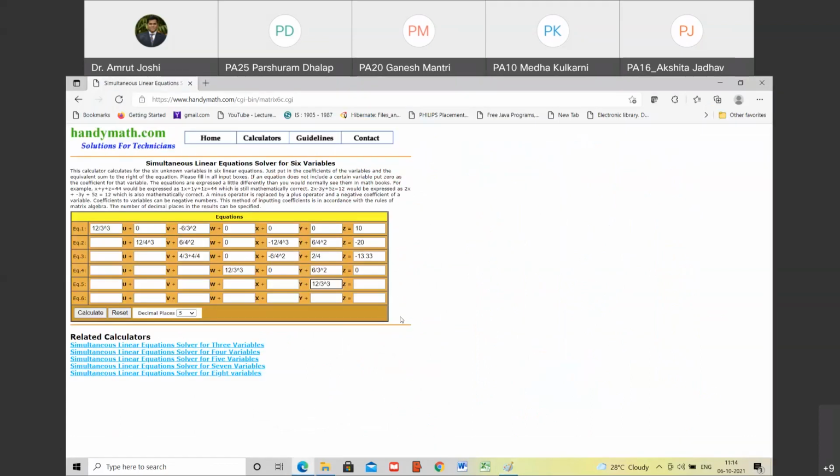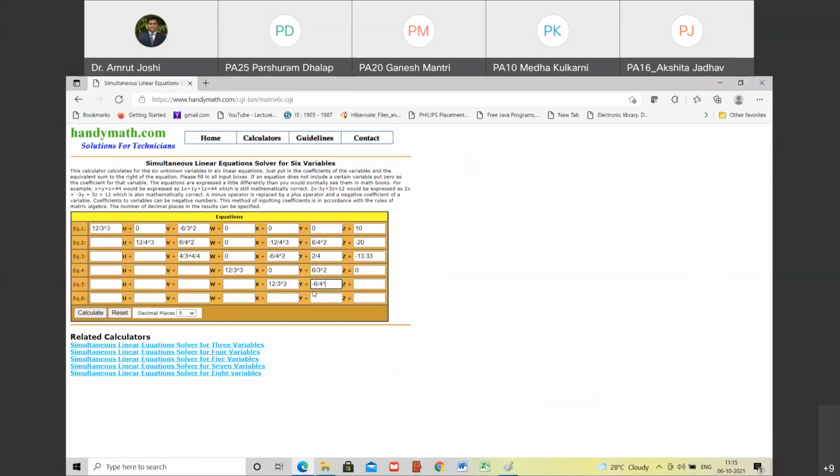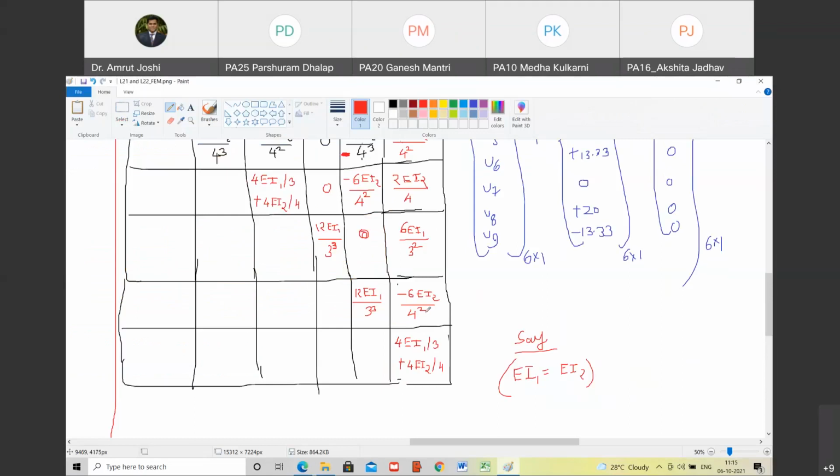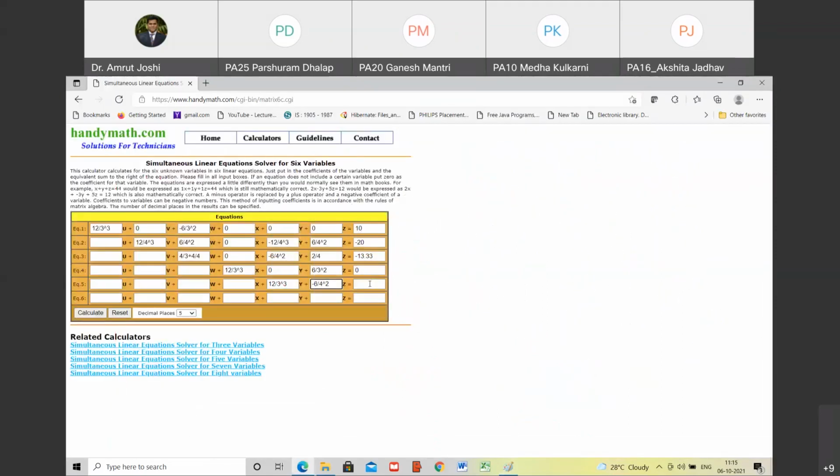Then this minus is 6 by 4 square, 3 cube minus 6 by 4 square. This plus 20 will go on the other side, become minus 20.